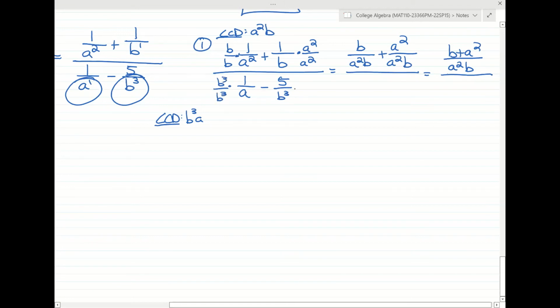And we'll multiply the second fraction by a over a. Which gives us b to the third over a b to the third minus 5a over a b to the third, or just one fraction. b to the third minus 5a over a b to the third.